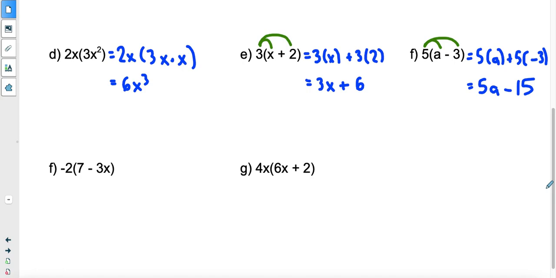Okay, next question here. Negative 2 times 7 minus 3x. What I want to do here is, again, take the number on the outside and multiply it by each of the terms inside of the brackets. So I'm going to take the negative 2 and multiply that by 7.